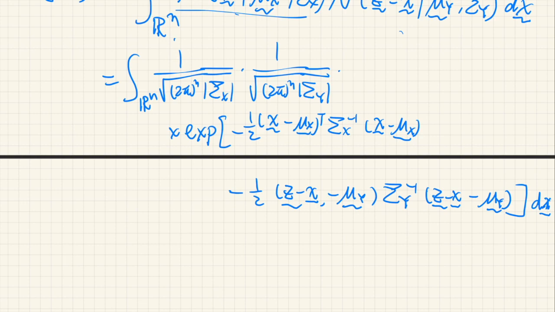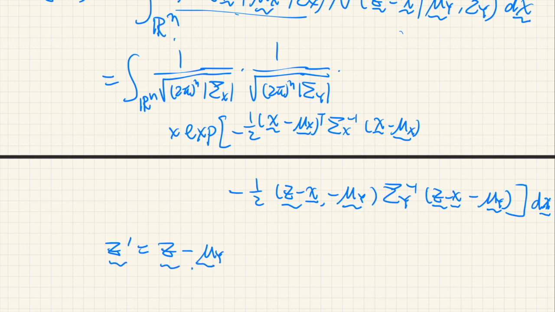And right now we want to integrate this function. This part is constant, and inside this exponential, this is actually a quadratic form in x. So the first thing we want to do here is to complete the square with respect to x. To simplify things a little bit, let's define z prime as z minus mu y.